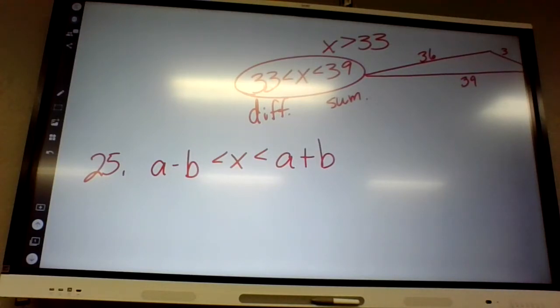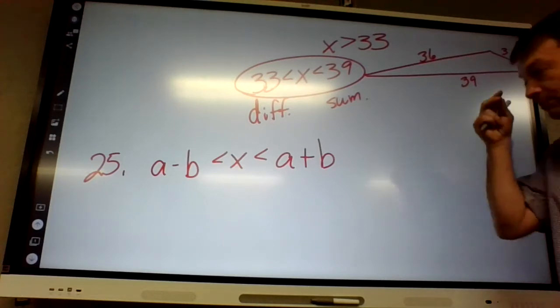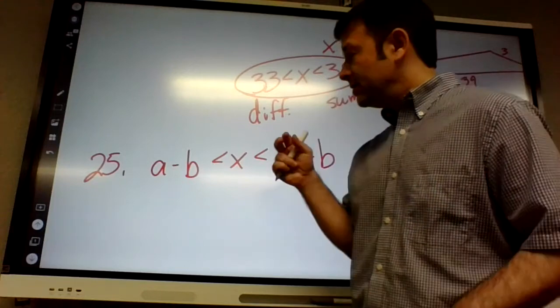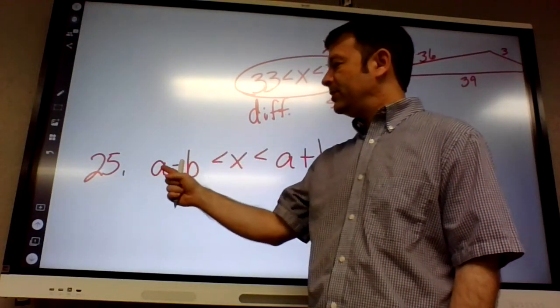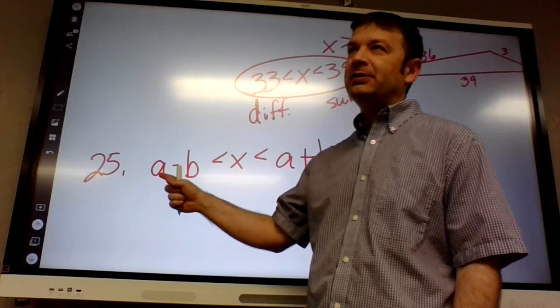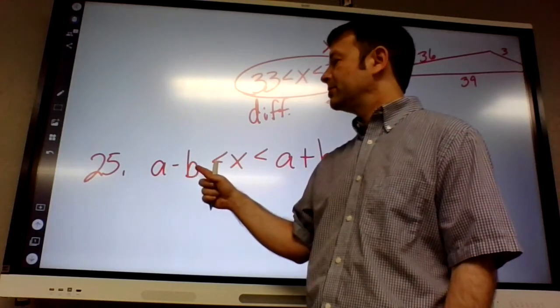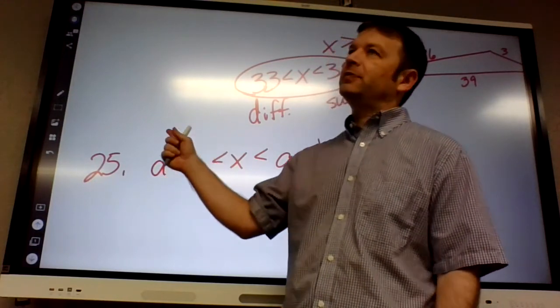There is something that's a little bit wrong with what I wrote. Does anybody know what's wrong? Well, not the minus. What if A is the small side and B is the bigger side? And this would come out negative.